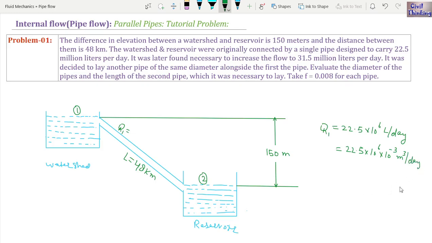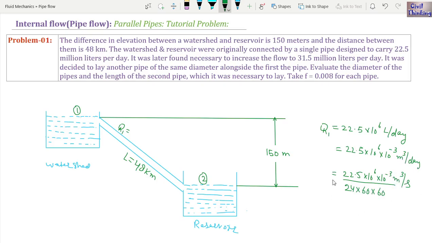Now I will convert day into seconds so that the discharge will be in meter cube per second. So it is 22.5 multiplied by 10 to the power 6 multiplied by 10 to the power minus 3 meter cube per day. Since we are converting day into seconds, I have to divide. 1 day is 24 hours, so I write 24. 1 hour is 60 minutes, so I multiply by 60, and 1 minute is 60 seconds, so I multiply by 60 again, so that meter cube per day becomes meter cube per second.